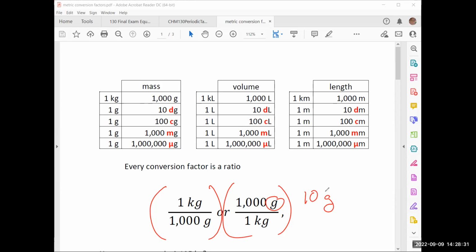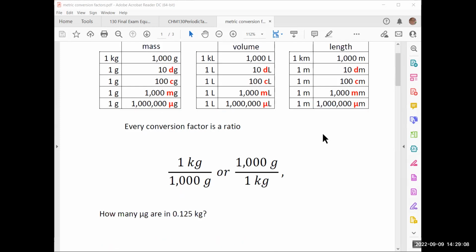I got grams times grams divided by kilograms. So my units would be grams squared divided by kilograms, which doesn't make any sense at all. You're always going to end up at the end with 1 unit. So checking the units tells you, oh, I set this up incorrectly. I should use the one on the left because my units cancel out properly and I'm looking for units of kilograms.